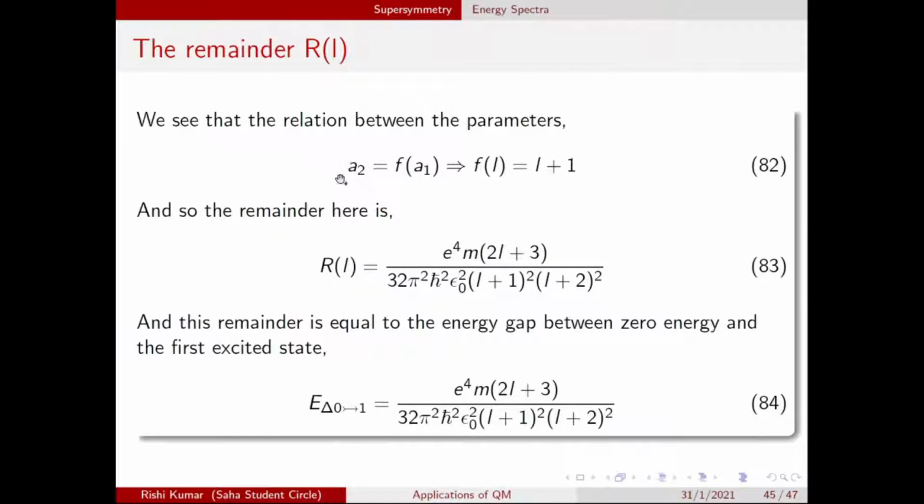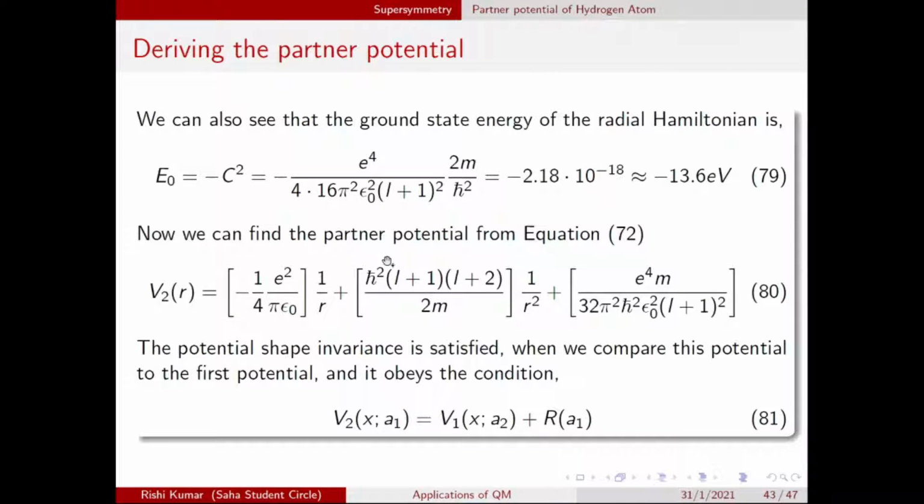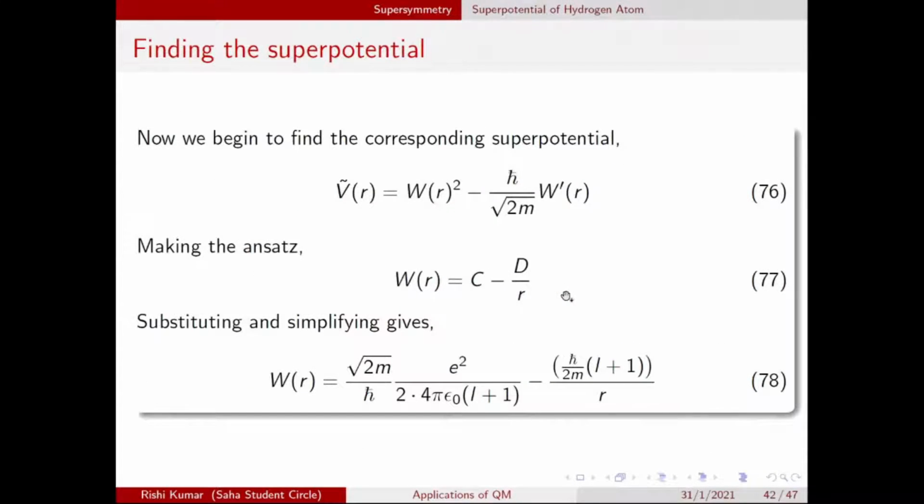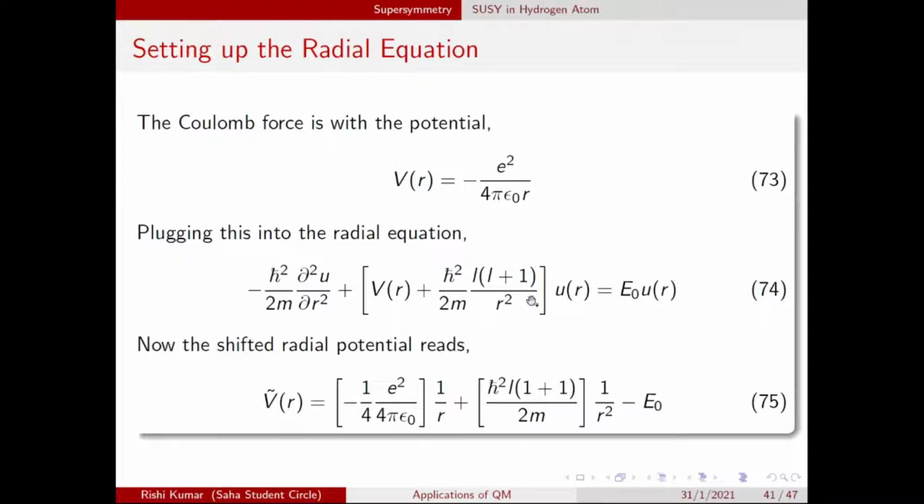Now we can go on to see the relation between the two parameters, A2 equals F of A1, which is simply the difference. What this statement says is that they differ by this quantity right here, which is L plus 1, right? Because if we see this potential here, we have L plus 1, L plus 2, and previously we had L plus 1 here and not an L plus 2 term.